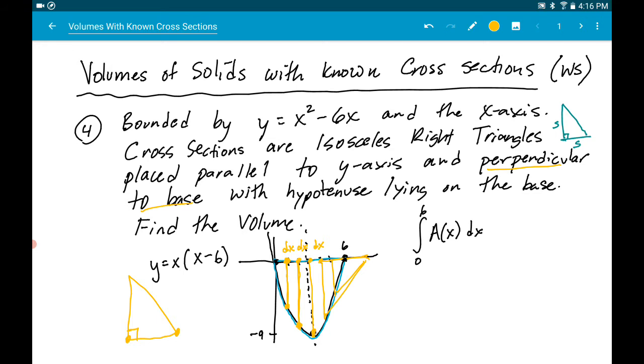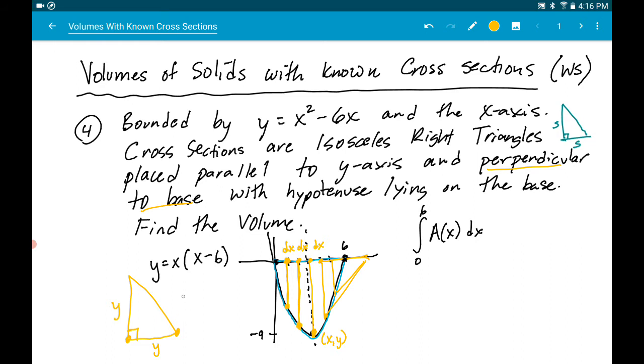So if you think about a sample point again, this right here is the y value. So I believe you can call this length y. But that means this length is y, because it's an isosceles right triangle.